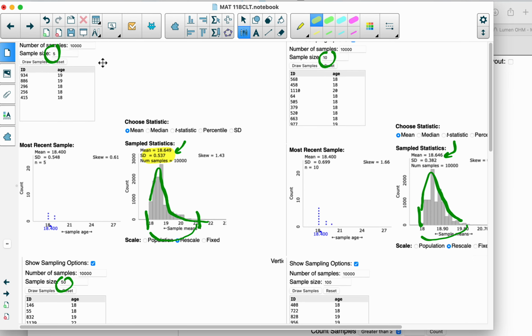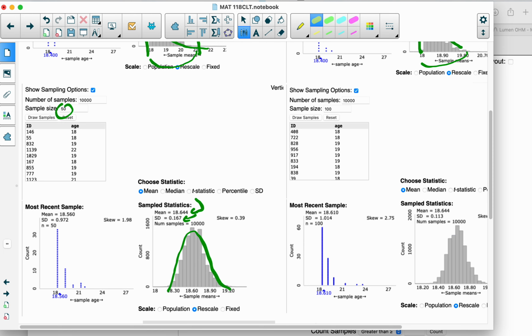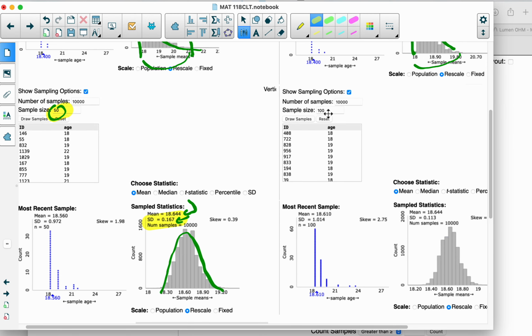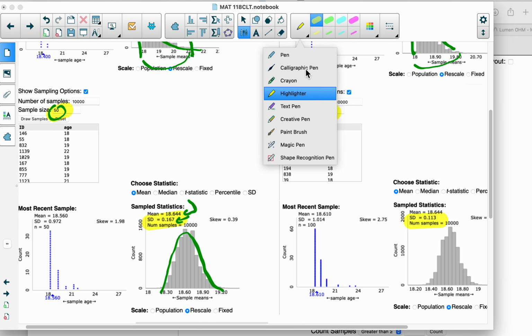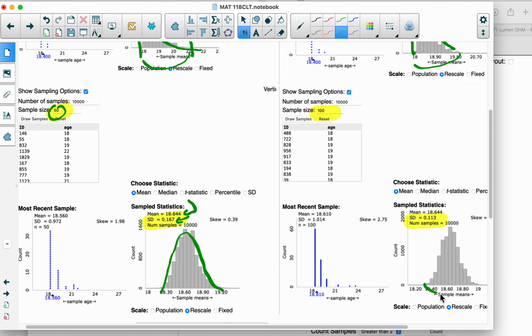Then when I went from a sample size of 5 to 10, my standard deviation got smaller, meaning the data is less spread out, it's less dispersed. When I come down here, sample size of 50, my standard deviation is even smaller, 0.167. We come over here, sample size of 100, standard deviation even smaller. So my data is getting more and more compact here.